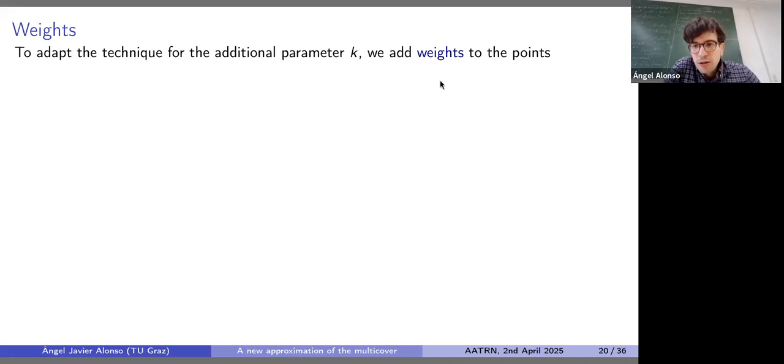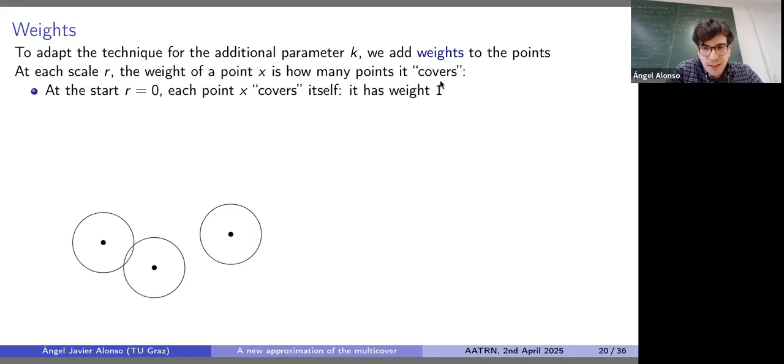What we are going to do is consider weighted points. Now the points are going to have a weight. At each scale r, the weight of a point x is how many points it covers. I'm going to define what I mean by this covering relation. At the start, for small scales, each point covers itself. It has a weight of 1. This will be the picture here.